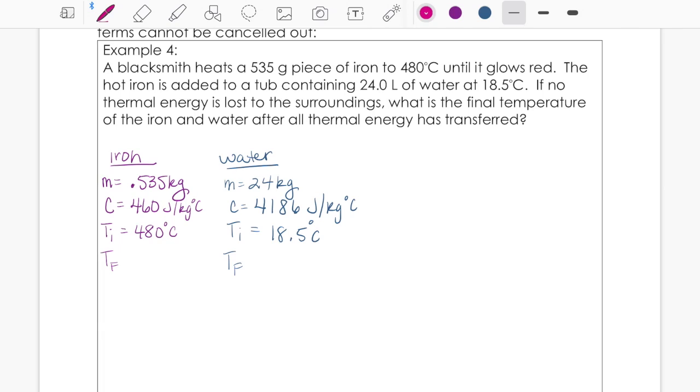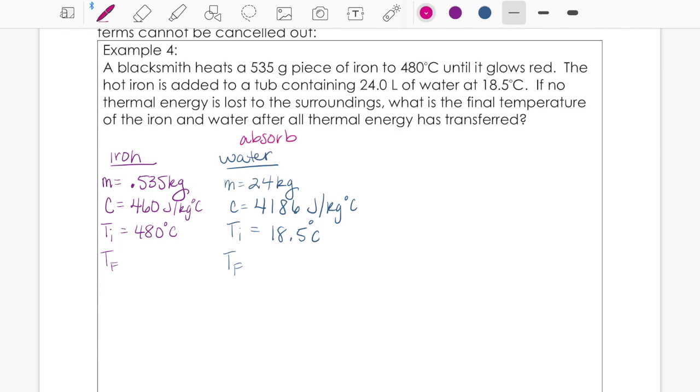Again, we're trying to find the final temperature. So we need to determine which one is absorbing energy and which one is releasing energy, okay? So we expect that it's going to be between the 480 and 18.5 degrees Celsius. It's going to be somewhere in the middle.